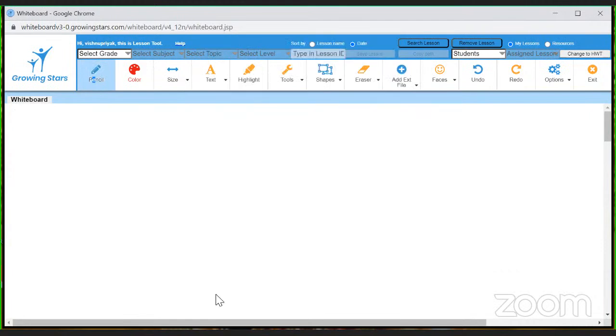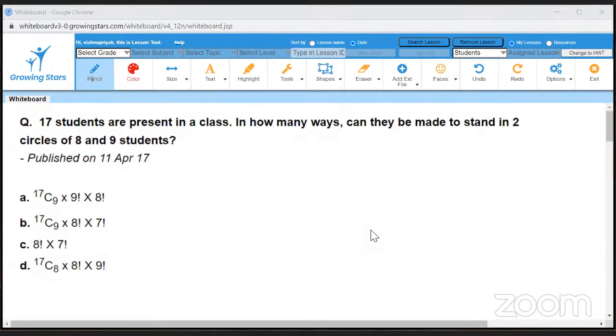Here it is. 17 students are present in a class. In how many ways can they be made to stand in 2 circles of 8 and 9 students?